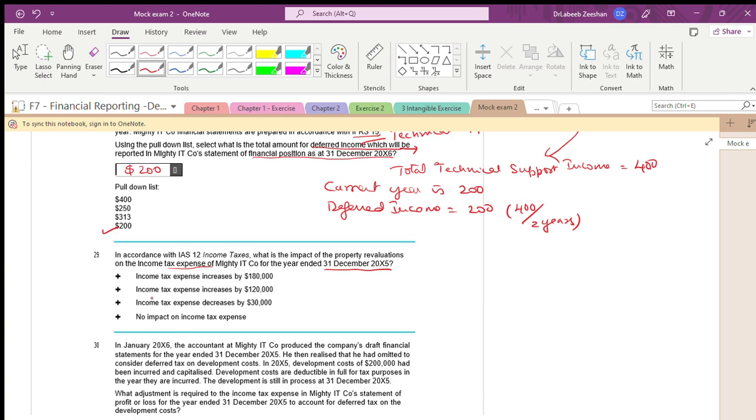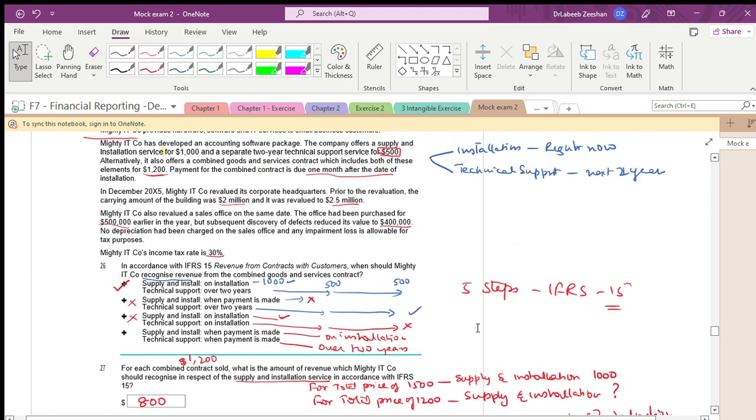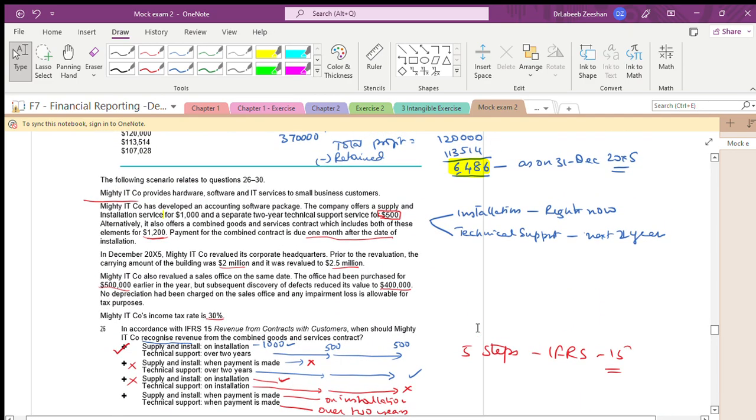Okay, property revaluation. We have to check what is the property revaluation. Is that right? Company headquarters is how much? 2.5. Okay.